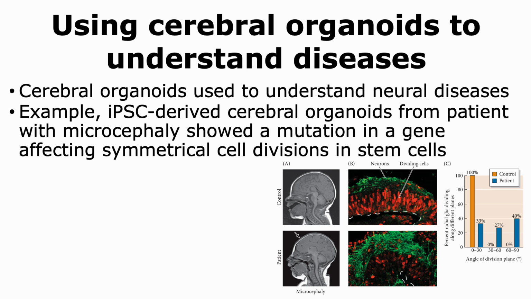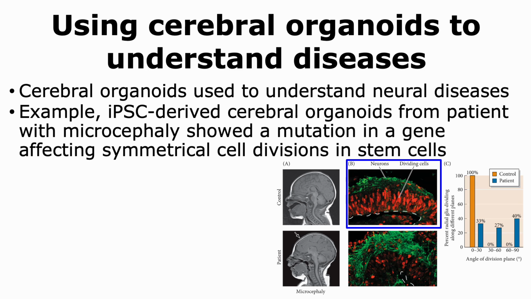So if we look at the figure, on the top part of the figure, we're looking at a control person who does not have microcephaly, or basically whose brains are the normal healthy size. And at the bottom panel, we're looking at a patient who has microcephaly, which basically means that the brain size is smaller than average.